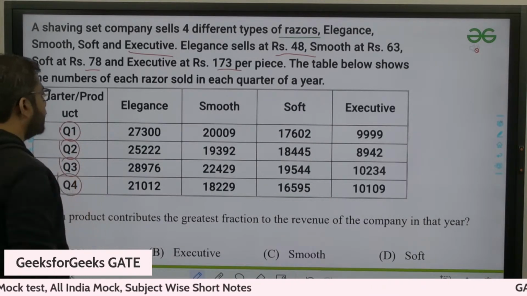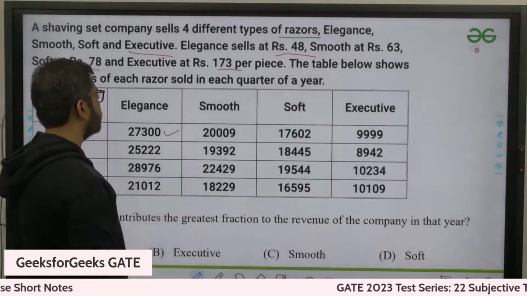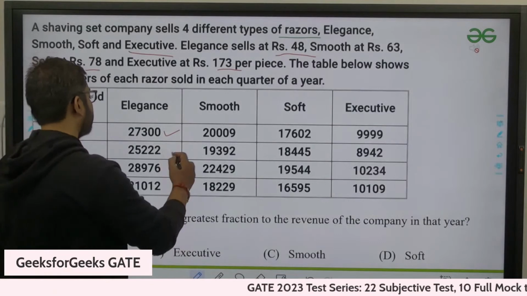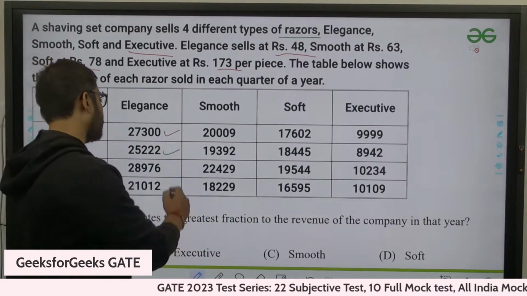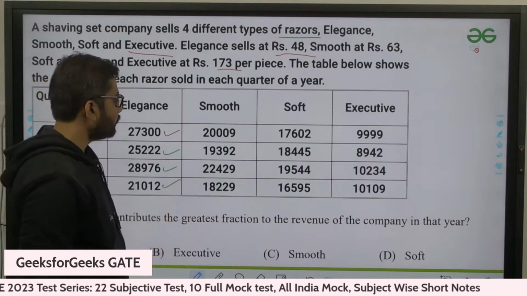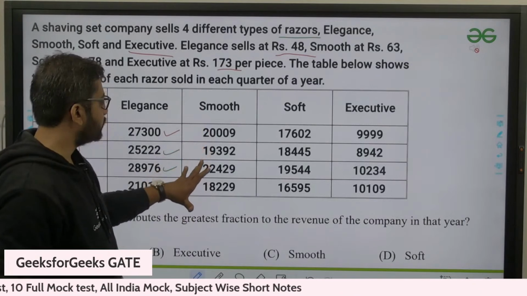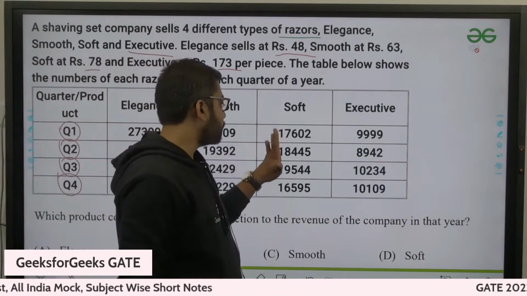In the first quarter, elegance production is 23,300, in the second 25,222, in the third 28,976, and in the fourth 21,012. For smooth, the data is also given: first, second, third, and fourth quarter. For soft and executive, the same data is given.